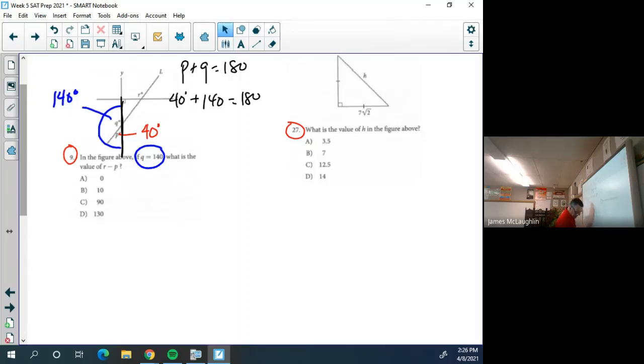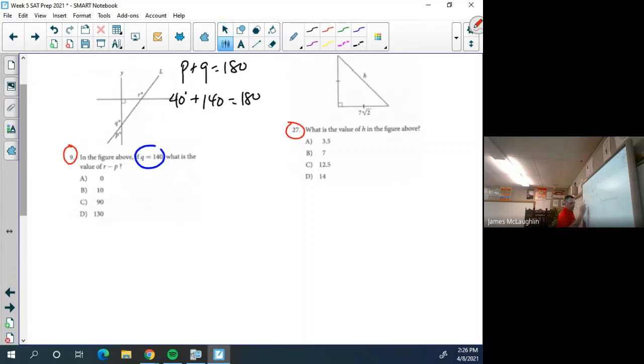So I'm going to start with that thought. Right away, I know building my angle connection here, this guy is 140, that guy there is 40. Now, vertical angles, which are right here, are equal to each other. So if angle P is 40, then inside the triangle that we have, that's also got to be 40. And this triangle right here is a nice right triangle. Blow it up a little bit.